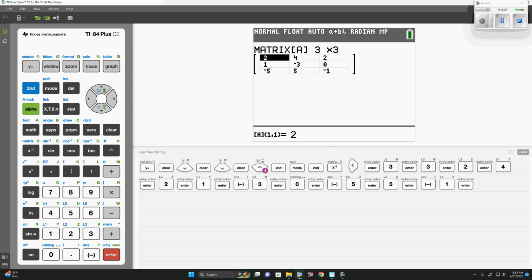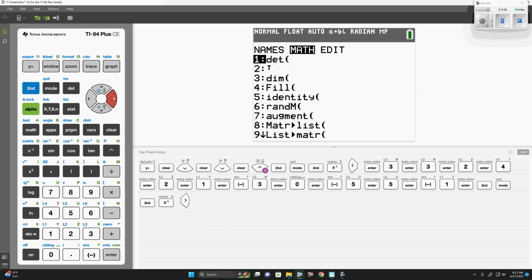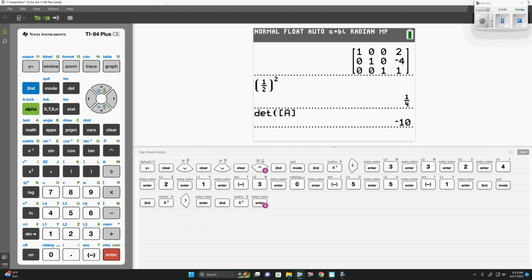So we could type the matrix in. Then we can go second quit, second matrix over to math. The first one, DET, is determinant. Second matrix A. And for the moment of truth, we get negative 10. So that's another way that we could do determinants.